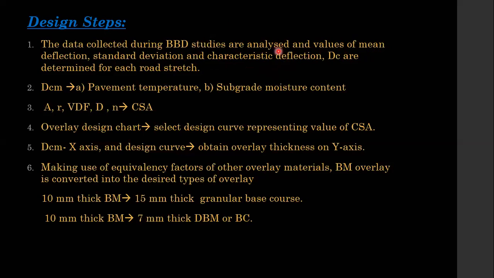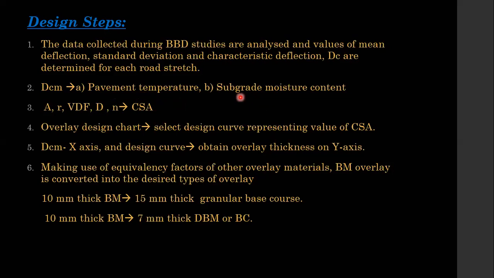Okay. Then in the third type of problem, you have calculated the pavement temperature correction and subgrade moisture content correction. For pavement temperature correction, if it is greater than 35 degree Celsius, negative correction, and if it is less than 35 degree, you apply positive correction. Similarly, for moisture correction, there were three graphs.